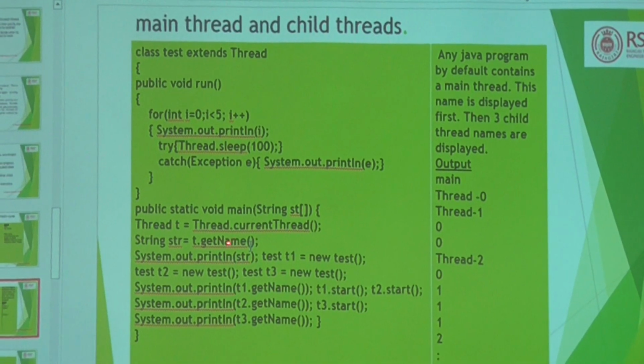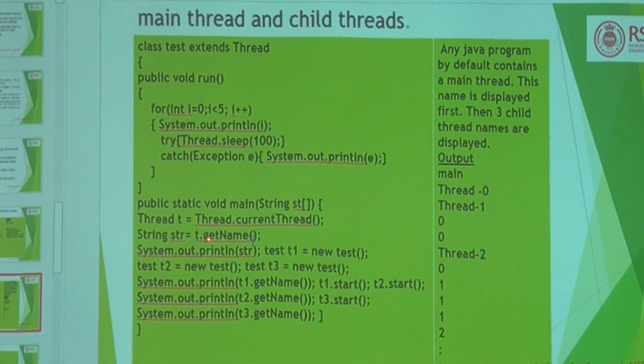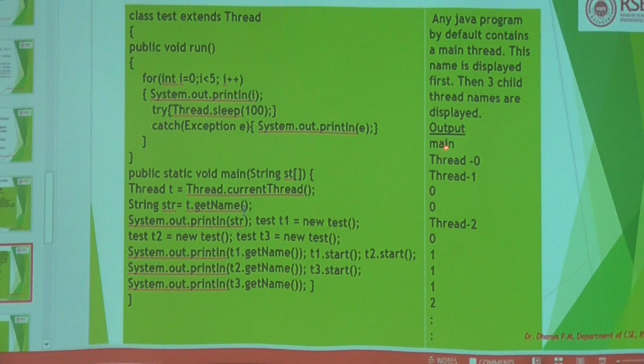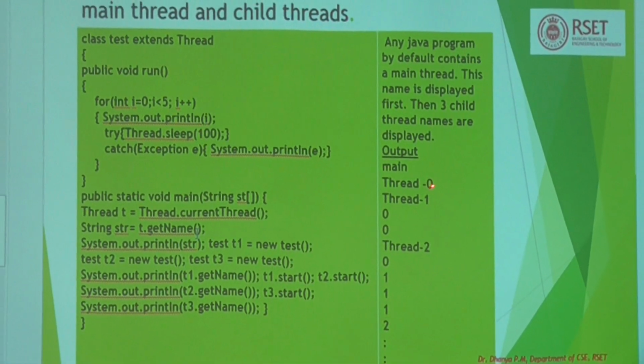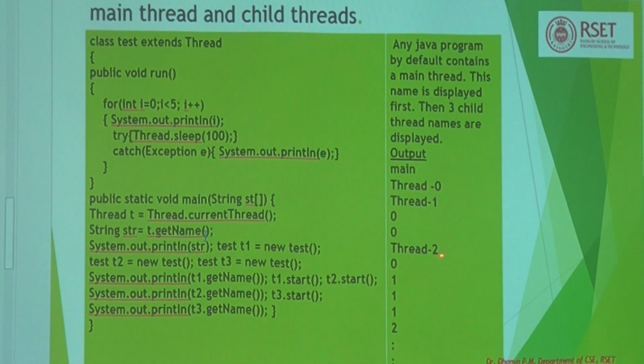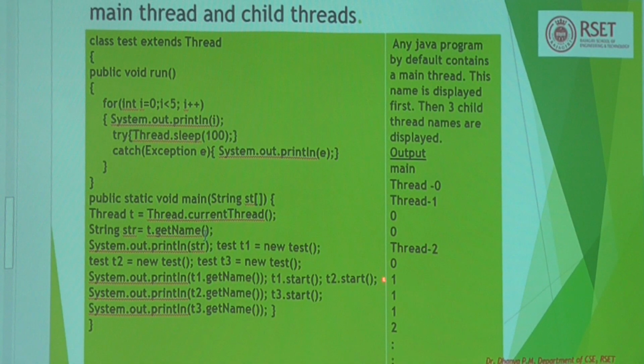So when you print the main thread's name, you will get the output as main, and the 3 child threads will have the names thread 0, thread 1 and thread 2. And you can see that the output comes in an interleaved fashion. So let's run this program.